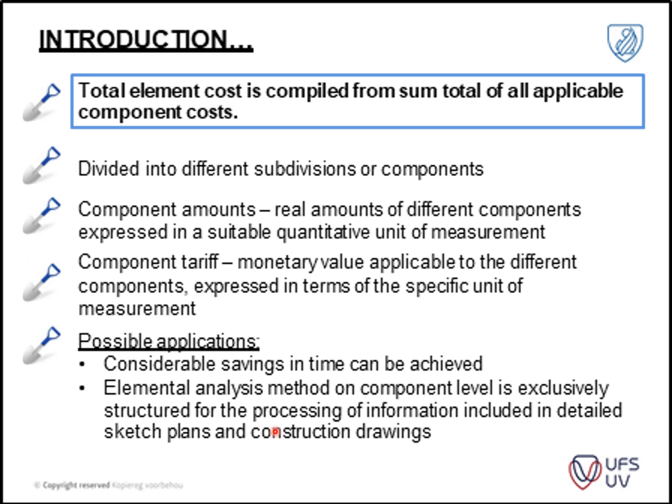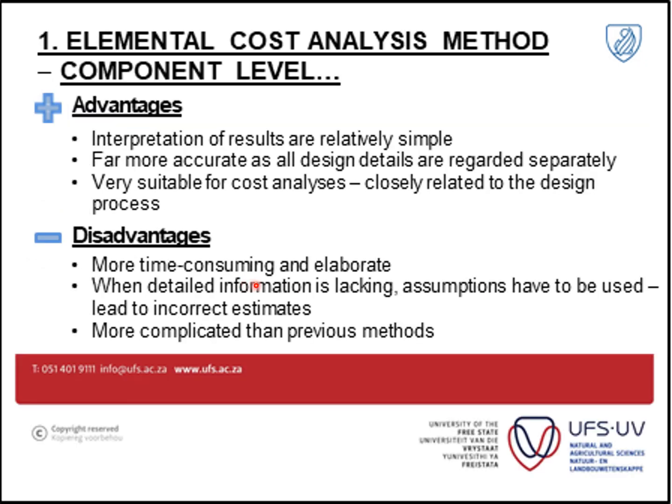The elemental analysis method on component level is exclusively structured for processing information included in detailed sketch plans, so obviously you need a lot of detail to do an elemental estimate at component level.